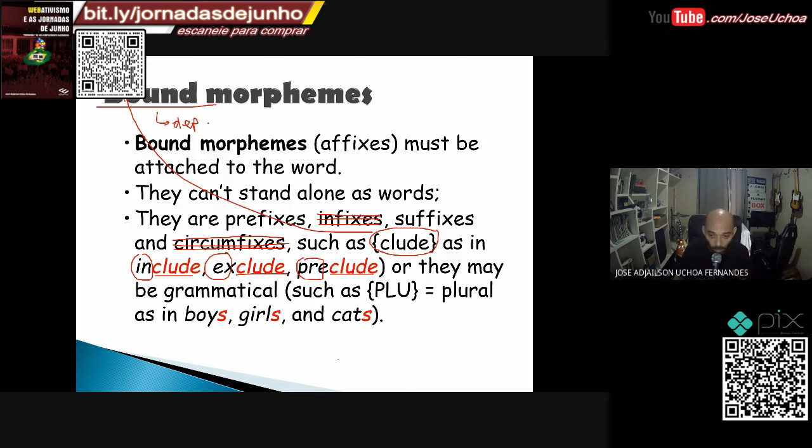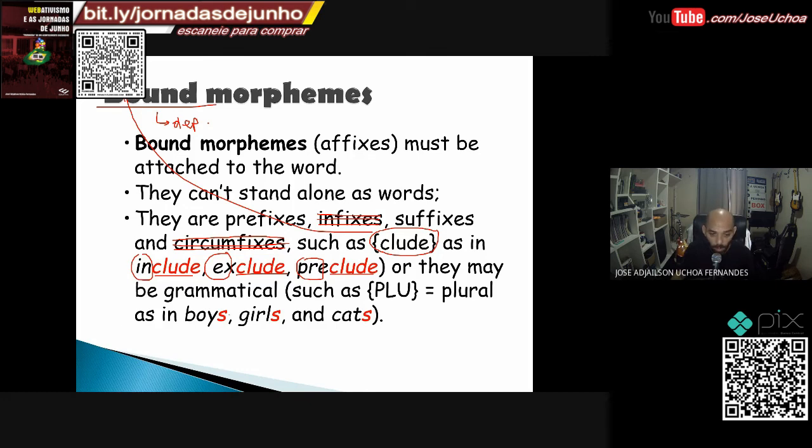The same happens with the plural morpheme. There is no such an idea as s or us or os or anything else like that. We know that the final s may mean the plural, but the final s on its own is not a word. So it needs to come after something, okay?